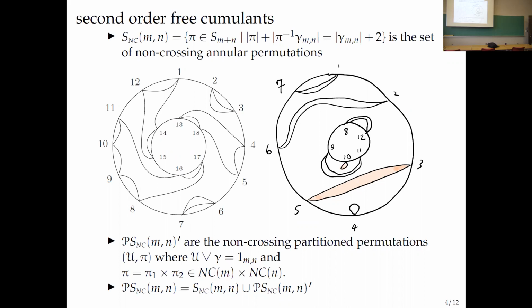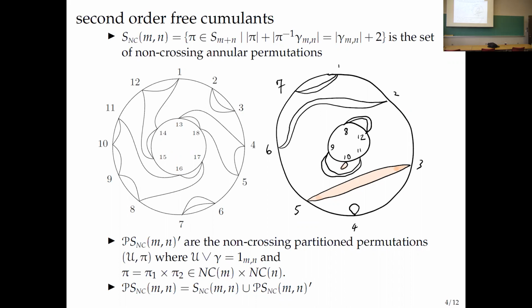And yeah, here I forgot to say, you have to have that the pies have to connect the two. There has to be at least one cycle that goes between the two circles. That's part of the definition. Okay. And if I take the union of those two sets, I call that PSNCMM. These are the non-crossing partitioned permutations on an MN annulus.